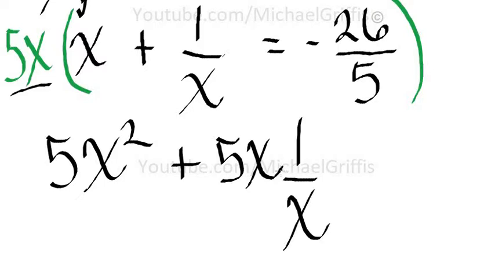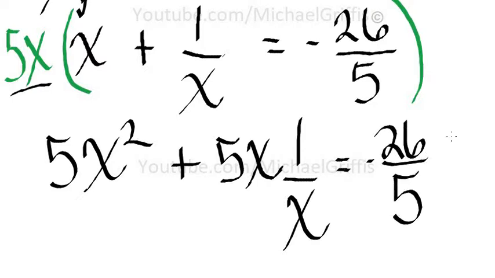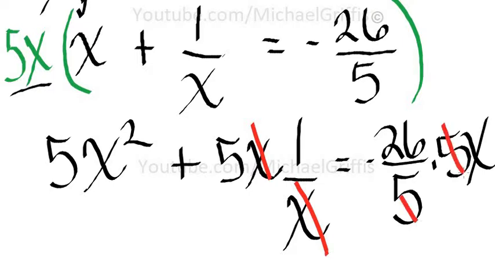Okay, multiplied, and then we have negative 26 over 5 times 5x. So as you can see, this x and this x will cancel out, and over here we've got the 5 and this 5 here will cancel out.